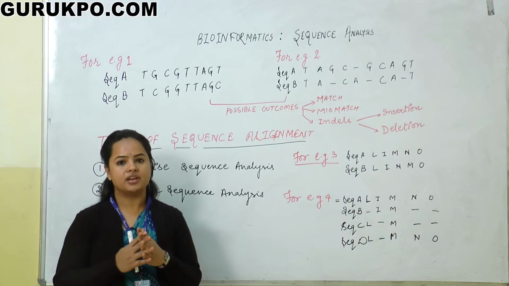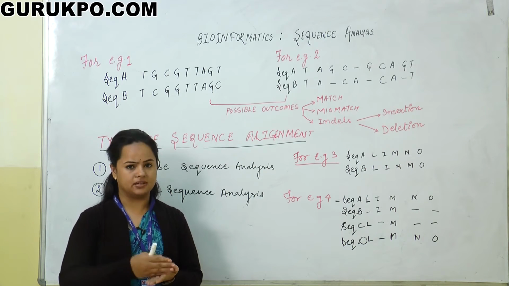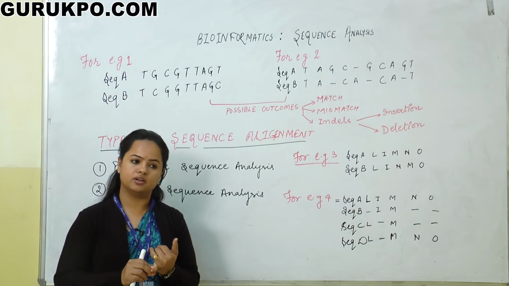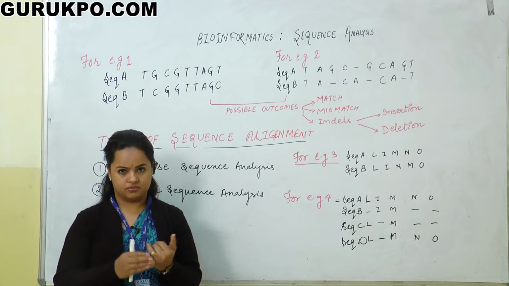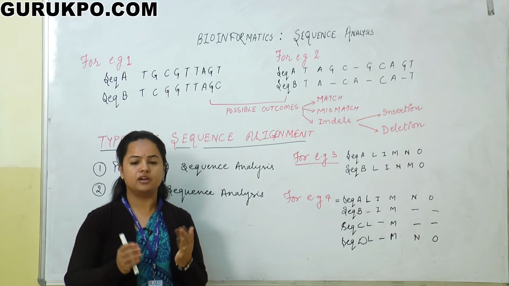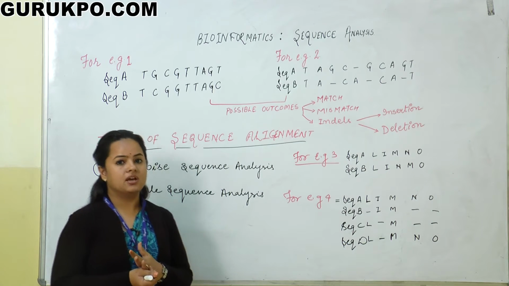Sequence analysis is a very fundamental method by which we compare one sequence with another to find their evolutionary history, their structural similarity, and their functional similarity among different kinds of protein sequences as well as nucleotide sequences.